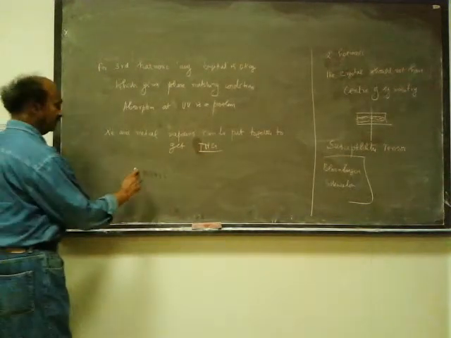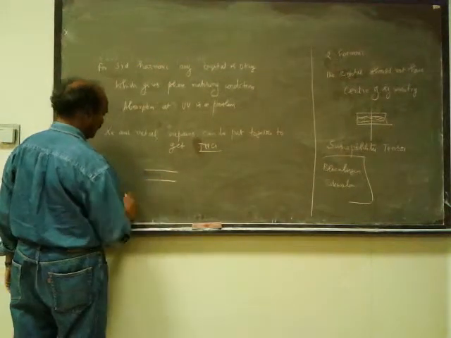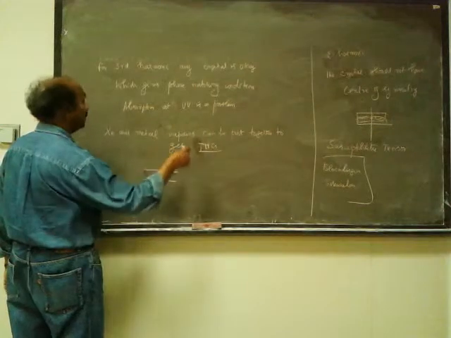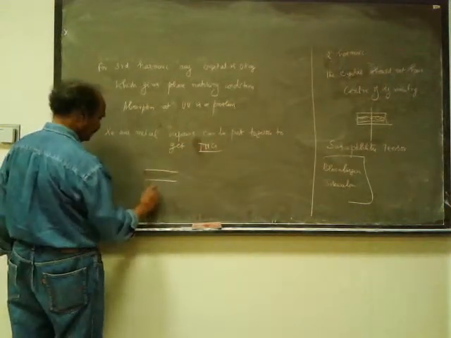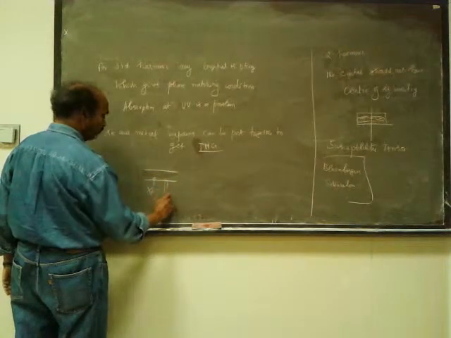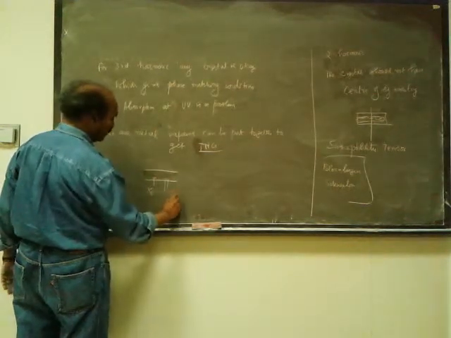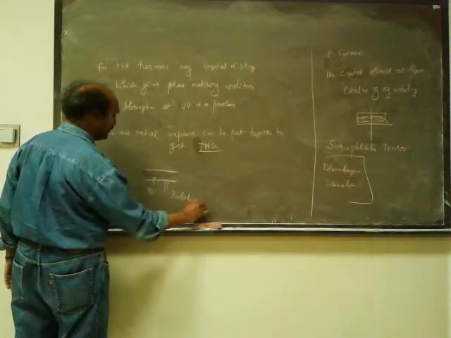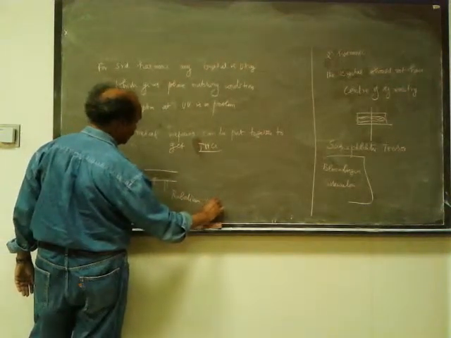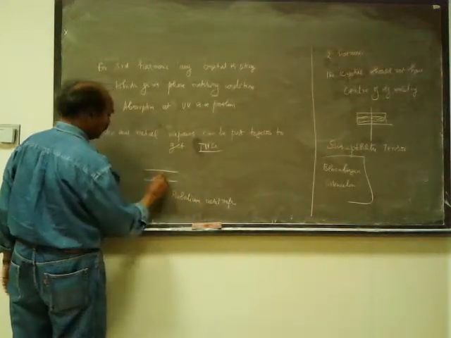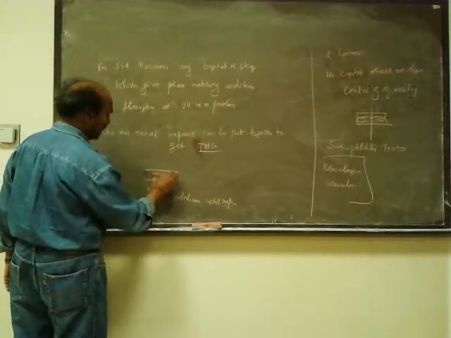How is it done? You take a metal pipe, put xenon gas, put, say for example, rubidium metal vapor. So you will have gases.